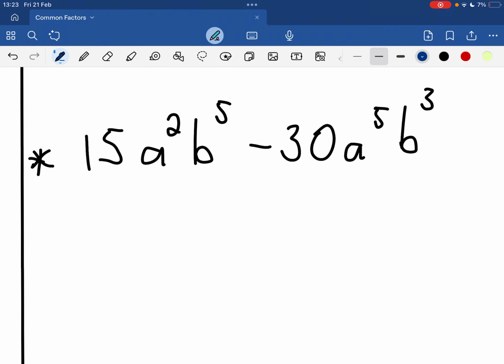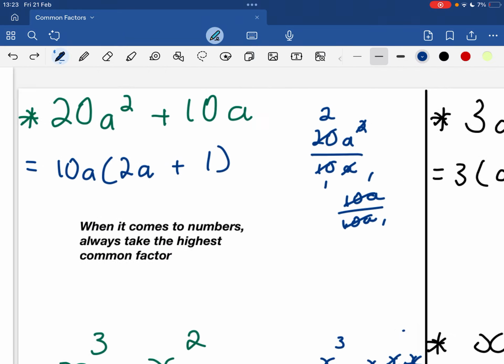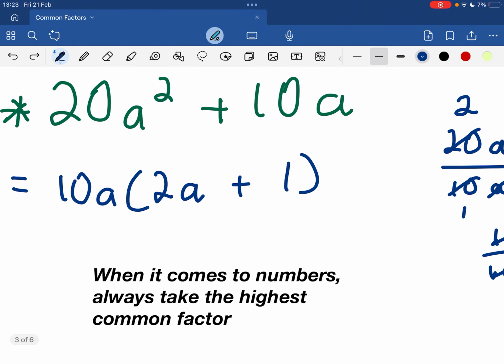What about in this one? Here, our common factor, we could go with as a number 5, right? Because 5 goes both into 15 and 30. But we always go for the highest common factor when it comes to numbers. Remember how in that previous question there, we had 20a squared plus 10a. We could have gone with 2 because 2 goes both into 20 and into 10.